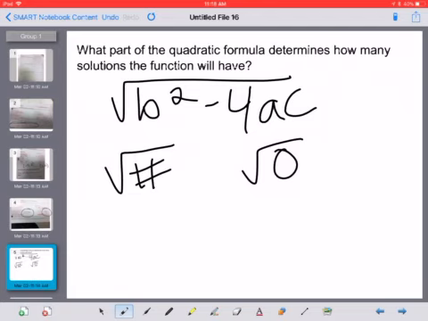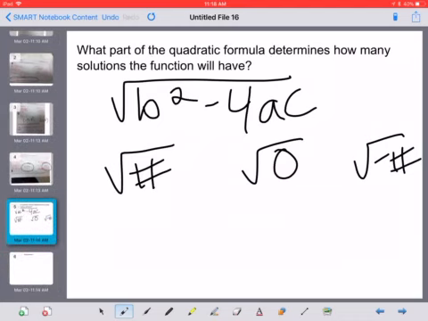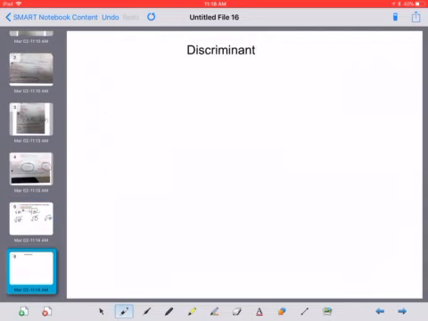And then the problems in section 3 all had a negative number underneath the square root. And so those functions had no real solution. And so because the number of solutions that a function will have is determined by what's underneath the square root, we call it a really fancy name. So if you flip your paper over, you'll see that we call this the discriminant.